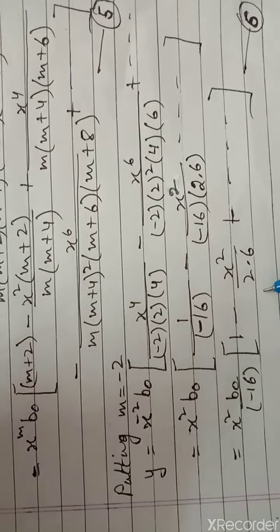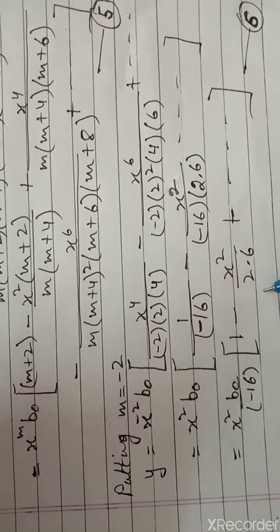Now you can understand that equation number 4 is y1. Equations 4 and 5 are multiples of each other.